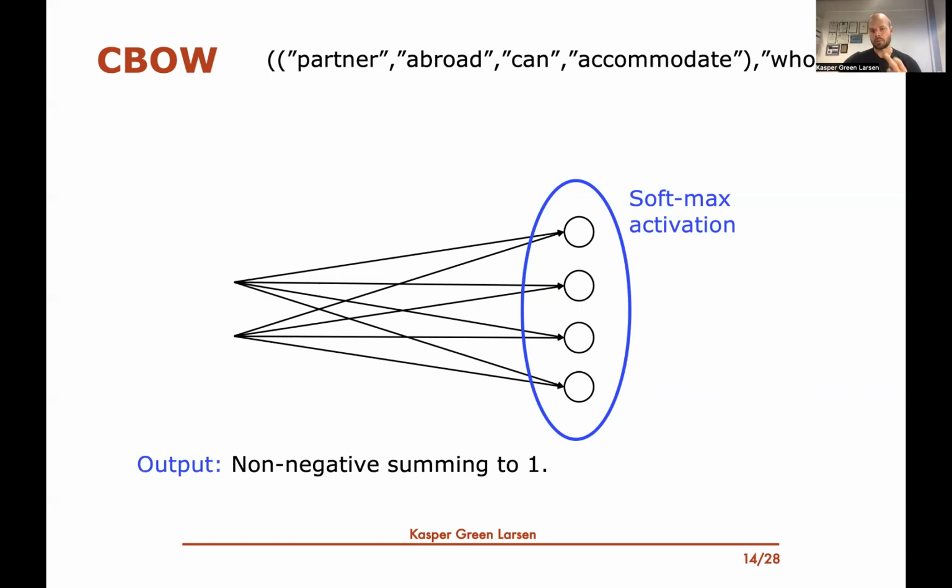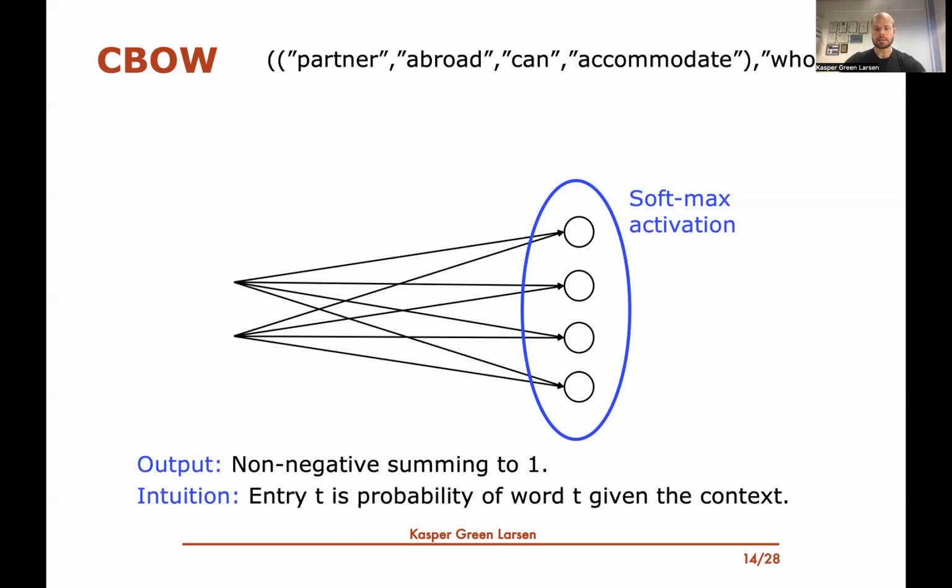So we can think of it as a probability distribution. And the idea is that entry T in the output should give the probability that the word in the middle here is the word T given this context window, like the surrounding words. So if you look at the entry for who here, if we feed in partner, abroad, can, and accommodate, it should give the probability that the middle word is who when the context around it is partner, abroad, can, accommodate.